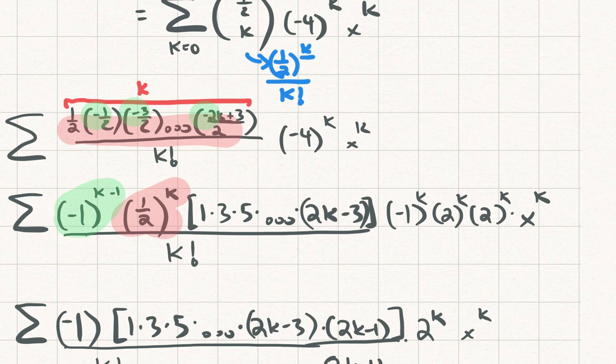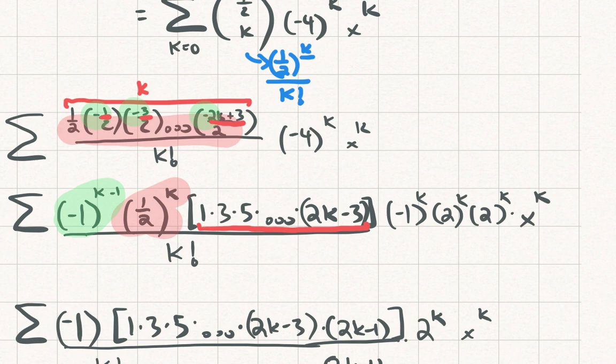And what's left over in the numerator, maybe I'll just underline this in red, is 1 times 3 times 5 times 7 all the way up to 2k minus 3. So that's the product of all odd numbers from 1 to 2k minus 3.